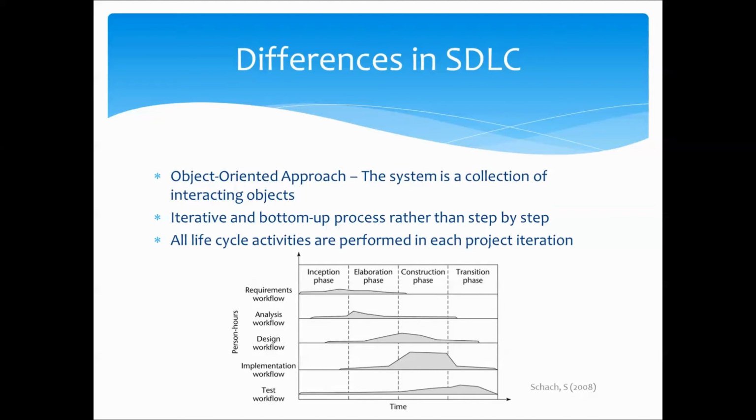Now, in contrast, object-oriented methodologies take the view that as the system is defined as a collection of interacting objects, so too the project is viewed as a series of components that when combined will yield the entire system. So in this methodology, the system development lifecycle is an iterative and bottom-up process rather than a step-by-step process.